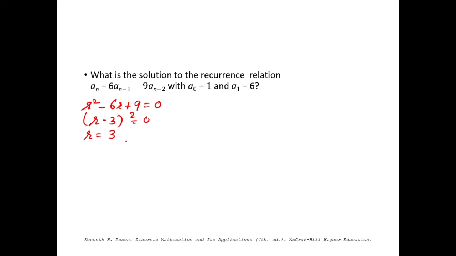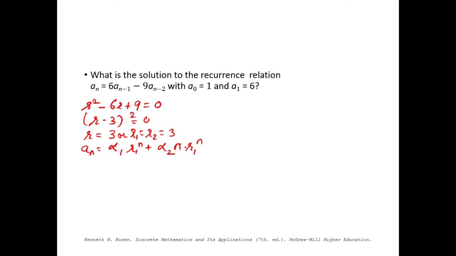Multiplicity 2 means, as this is a quadratic equation, it has two roots, but both the roots are the same. In other words, r1 is equal to r2 is equal to 3. So as the root is repeated, the solution equation can be given as alpha 1 r1 raised to n plus alpha 2 n r1 raised to n.